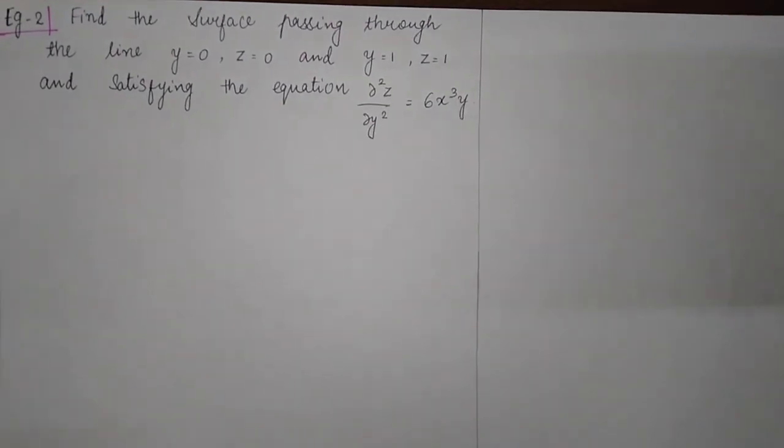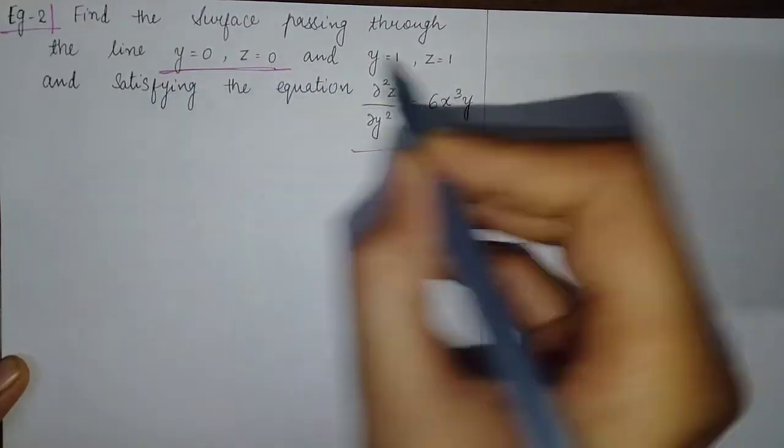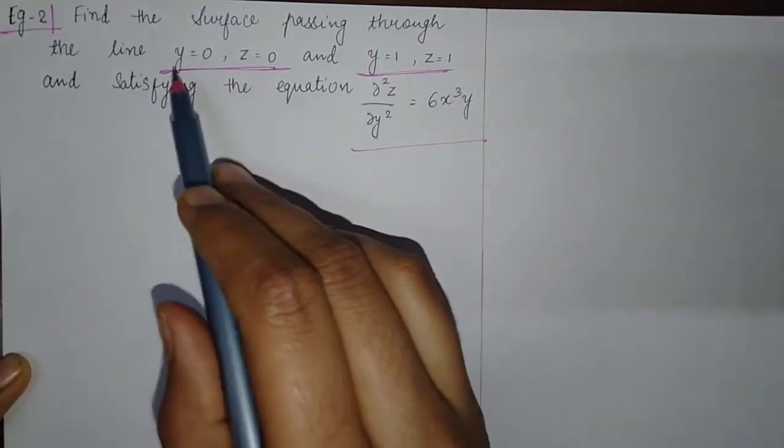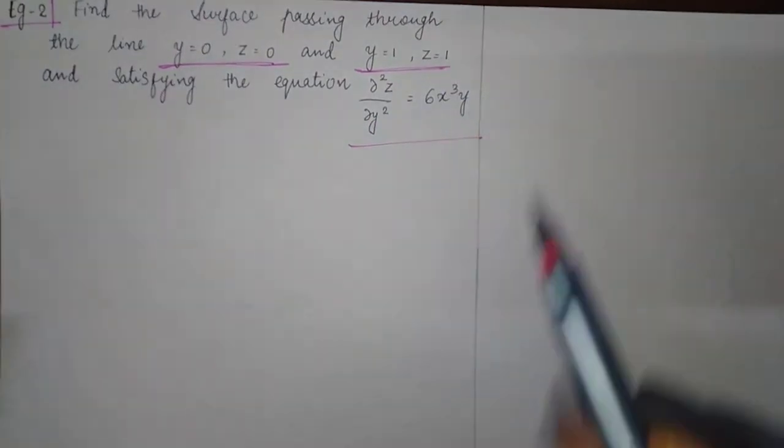Now this question is somewhat different because here the points are given. Here we are given the equation, but here points are given at which we have to find the solution: y equal to 0 and z equal to 0, and y equal to 1 and z equal to 1.